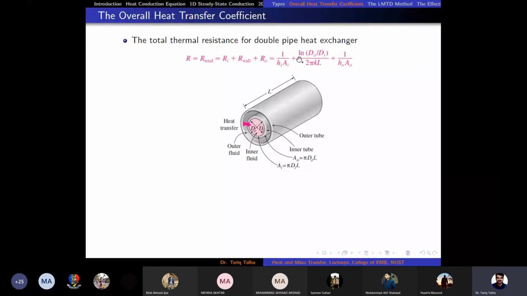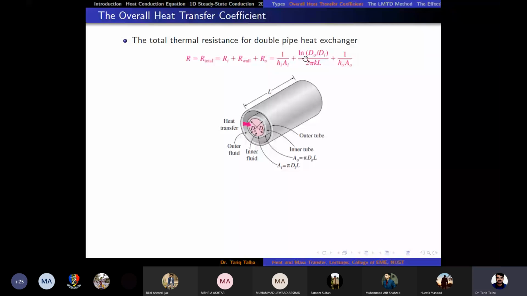Then conduction resistance, we know in the radial direction, is natural log of d outer upon d inner, over 2 pi kL. D outer is the outer diameter of this inner pipe, and d inner is the inner diameter of this inner pipe. So we remember this formula from chapter number 3.